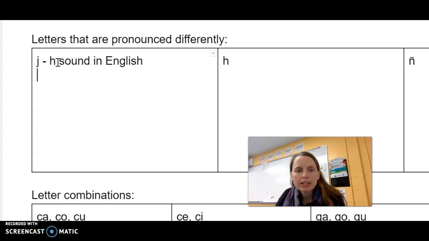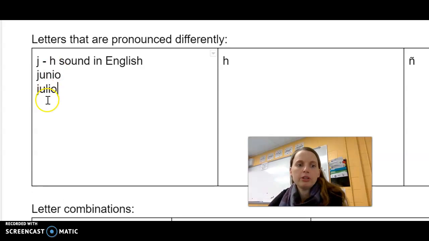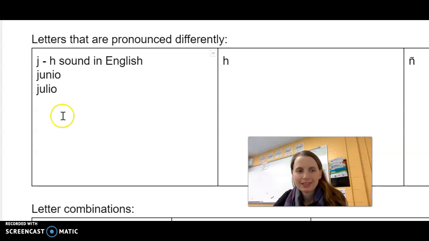We make this in the words for June and July, junio and julio. You might notice that I don't capitalize the J in junio and julio, even though they're months. In English, we always capitalize the first letter of a month. In Spanish, you don't, okay? So the J in Spanish always makes the H sound. It's called jota is what the name of the letter is, okay?